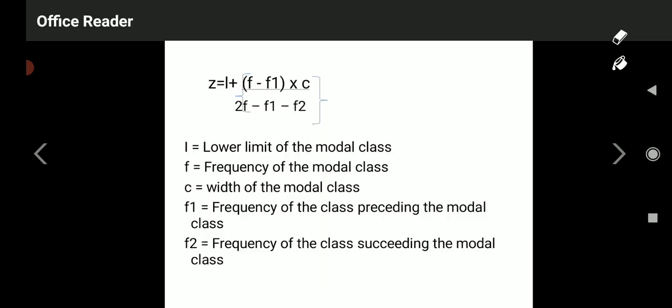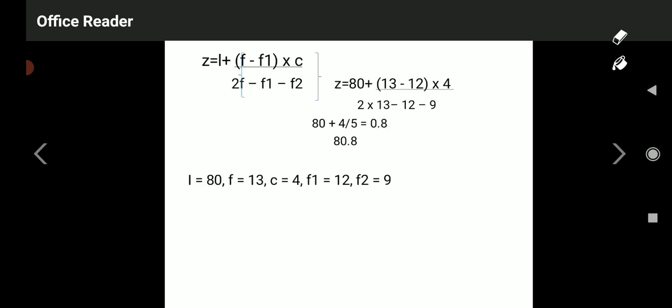That 4 is here as c, divided by 2f. f means the maximum frequency, the total number of frequencies in that modified class is 13. 2 means multiplication of that frequency. So 2 into 13 minus 12.